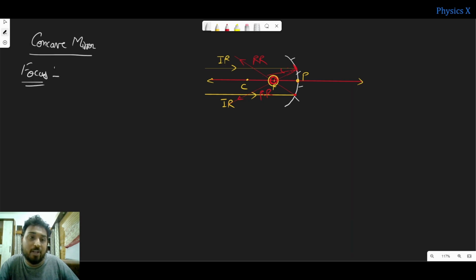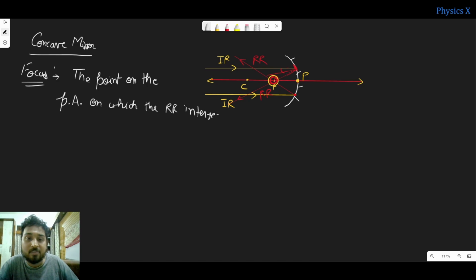The focus point is the point on the principal axis at which the reflected rays intersect when incident rays are parallel to the principal axis.